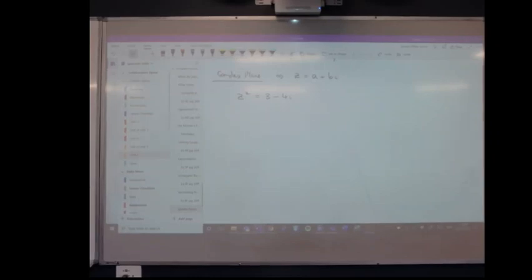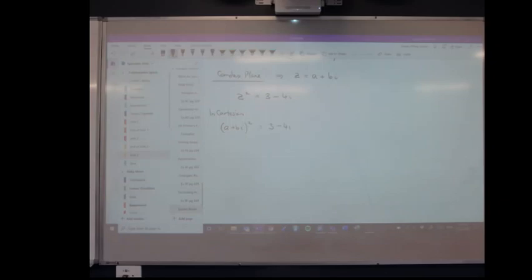So we're going to solve this using our Cartesian form to start with. Okay, so in Cartesian or rectangular form, we've already identified that z is equal to a plus bi. So is it okay to say that a plus bi squared must equal 3 minus 4i? We actually want to find the value of z.